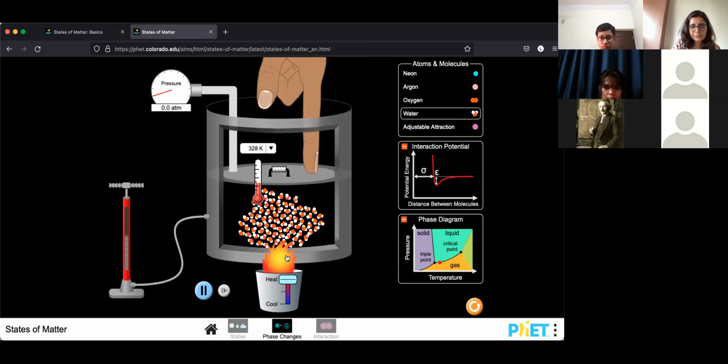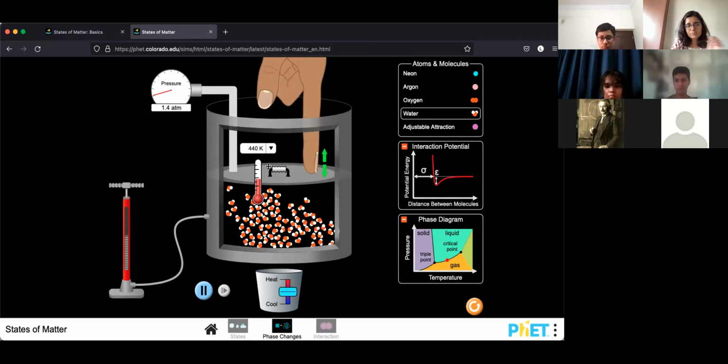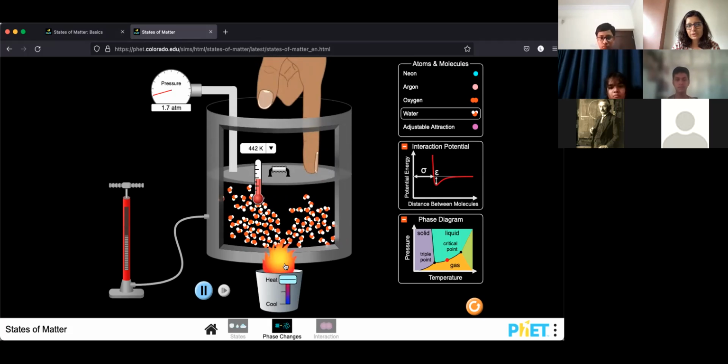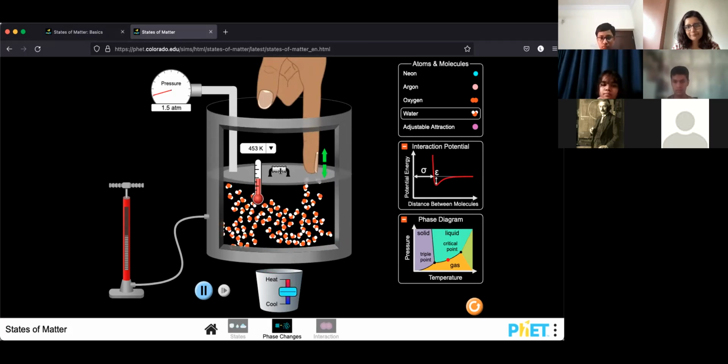Okay, I'll do one thing. Increase temperature. Okay, so now I've turned it into steam. So this is all in gas phase.